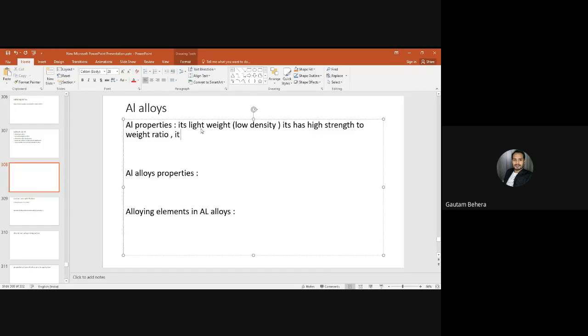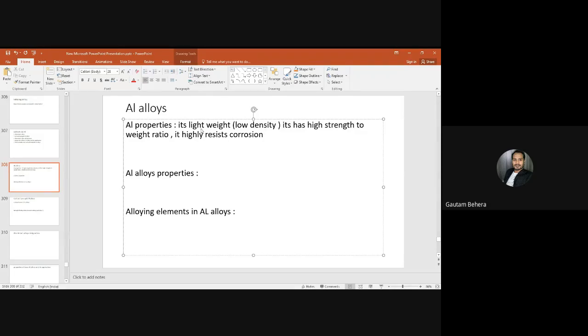It is highly resistant to corrosion. So aluminum materials will not get corroded easily like steels, because steels will get corroded, but there are certain grades of steel like stainless steel that do not corrode, while other steels, carbon steels basically, get corroded.